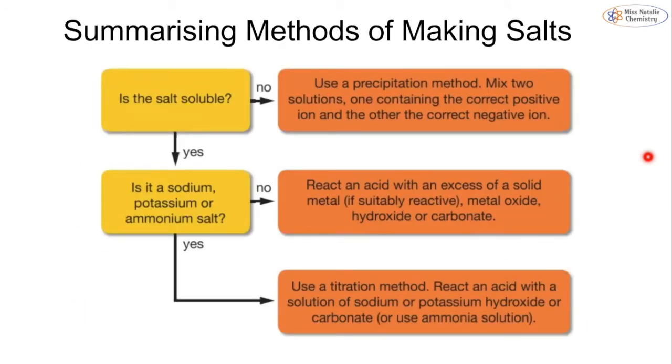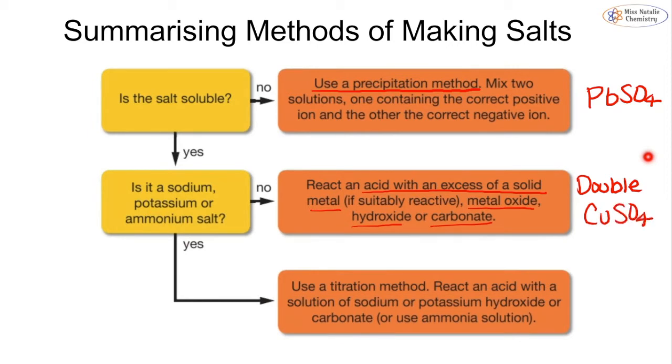So just to summarise how we make salts, if the salt is insoluble, we are going to use our precipitation method. So an example of that would be if we were making lead sulfate. Is it a sodium, potassium, or ammonium salt? If the answer is no, then we're going to react the acid with an excess of a metal oxide, hydroxide, or carbonate. So that is the double content, and that would be if we were making something like copper sulfate.